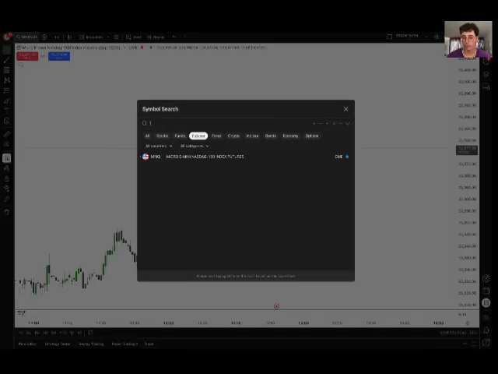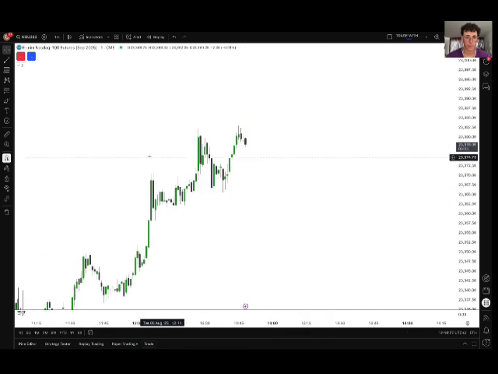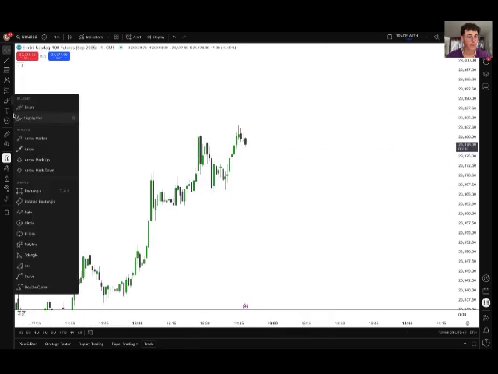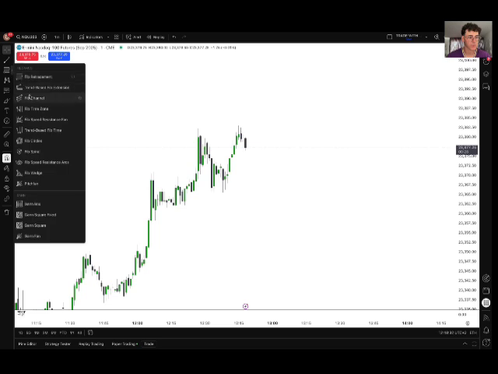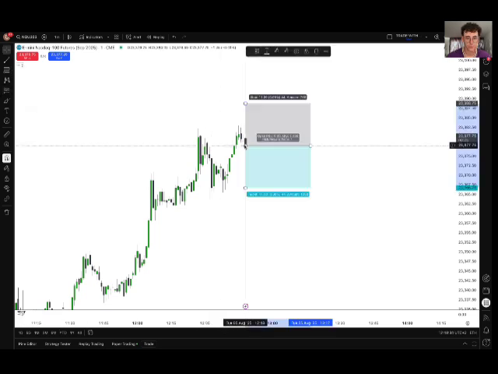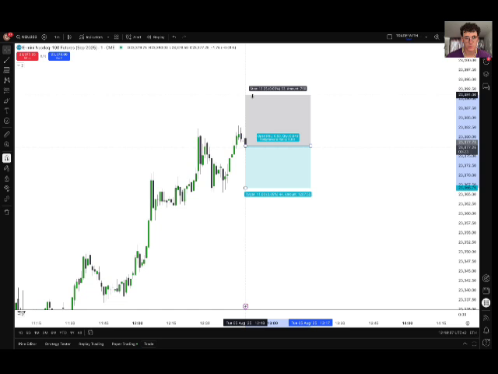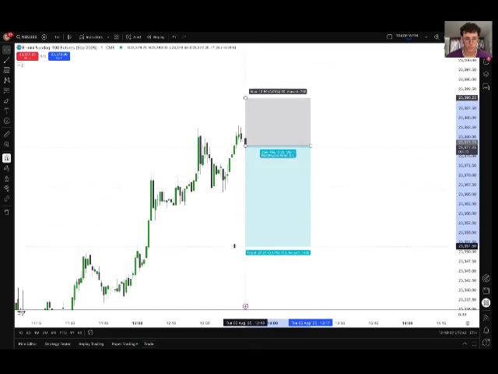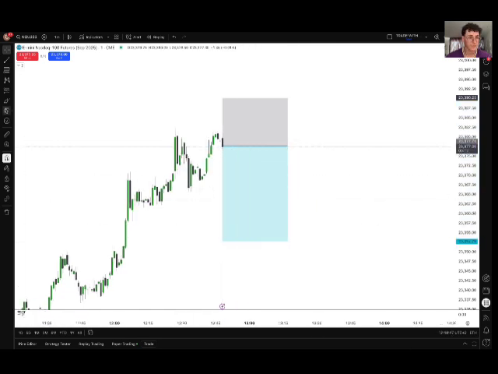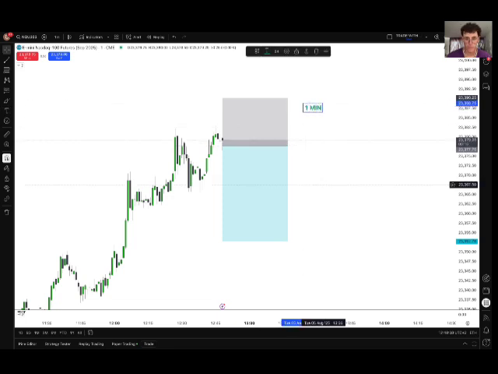Now, let's say you are going to trade the mini contract, okay? And you want to put a short position from here. You're going to put your stop loss right over here, and your take profit down here, for example. So now, let's say you are going to put 1 mini, which is equivalent to $5 per tick.